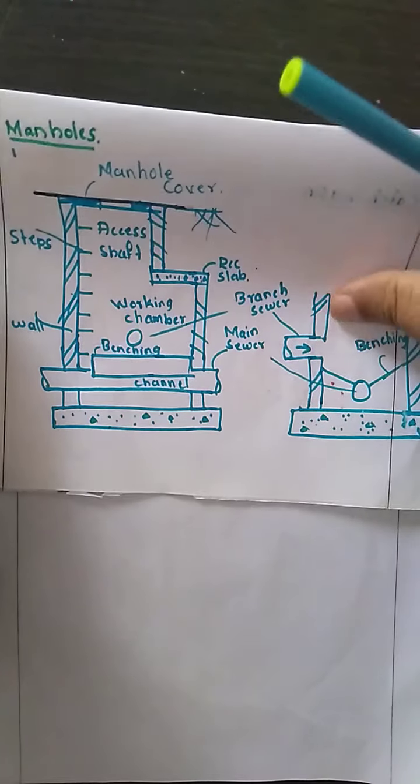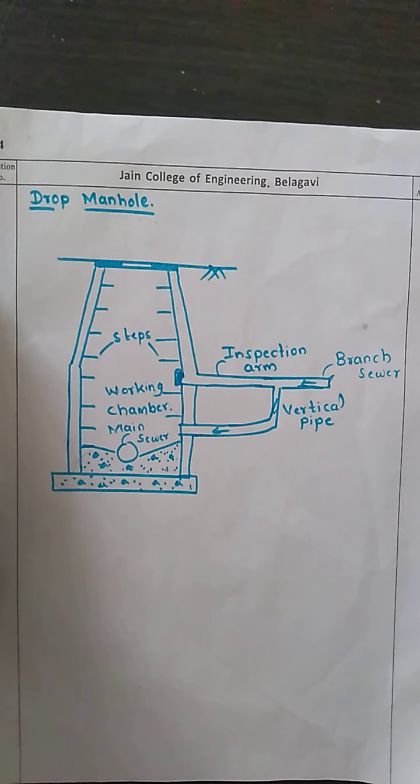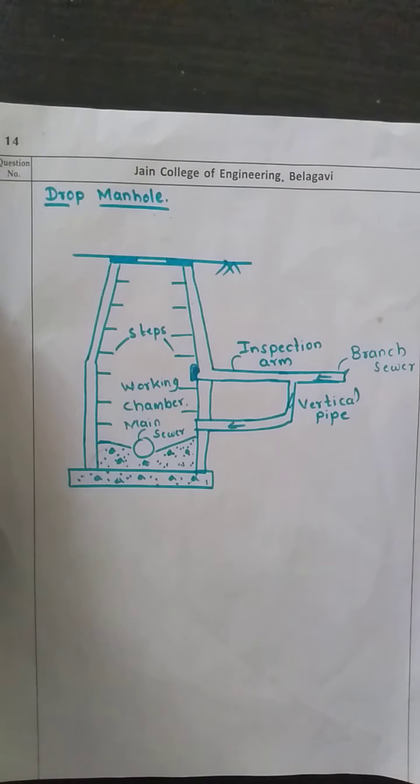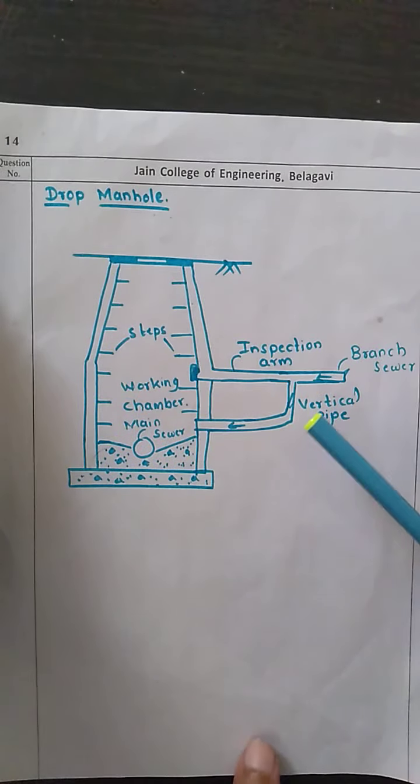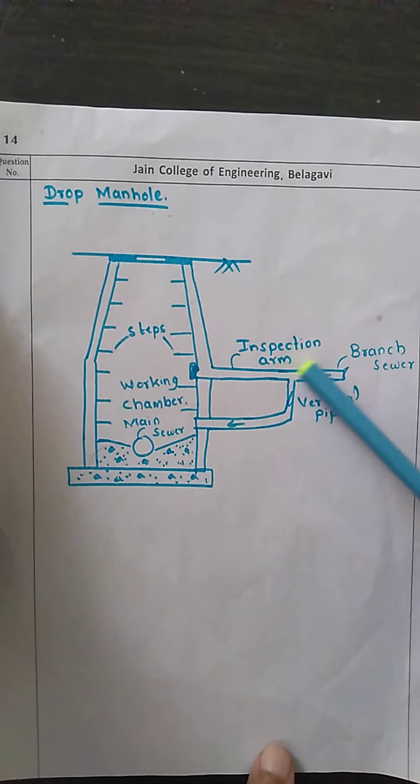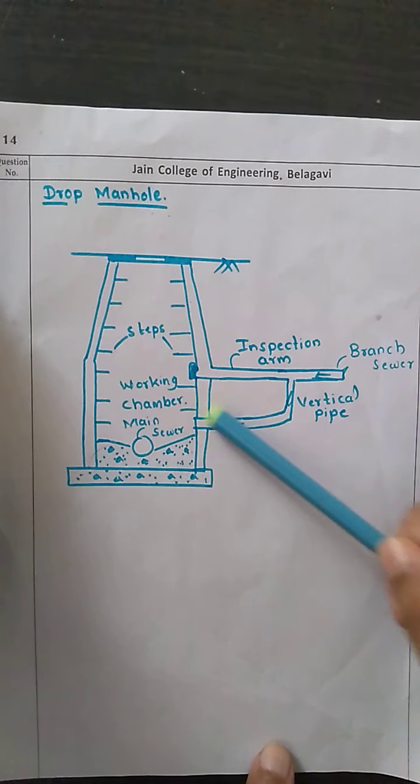Right, now next is the drop manhole. A drop manhole is a special type of manhole on a sewer line, which is constructed in order to provide a connection between the high level branch sewer and the low level main sewer.